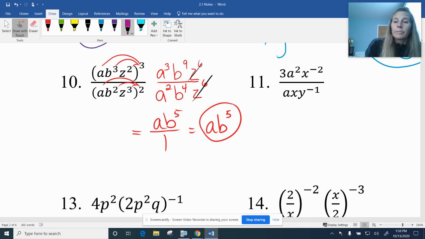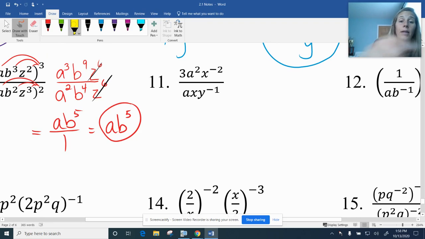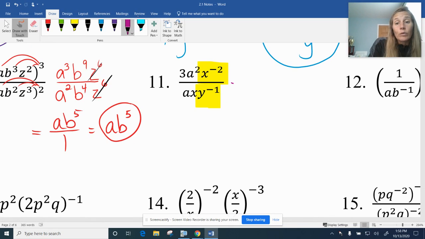Okay, number 11. There's no parentheses here, however, there is negative exponents, so I'm going to rewrite this getting rid of those negative exponents. So I have 3a squared on the top, and an a and an x on the bottom.